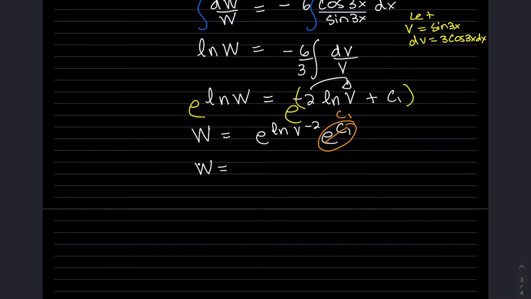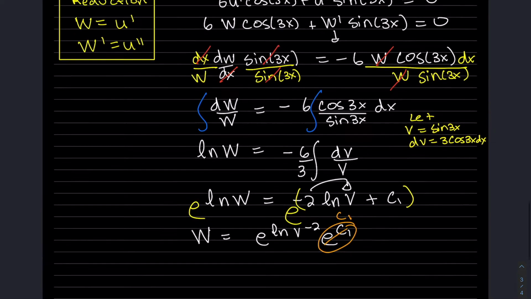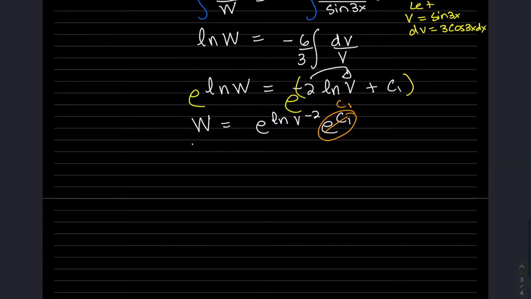Well, we know. We can go ahead and, instead of what is w, it is, geez, I forgot, u prime. Here. And then sine of 3x.